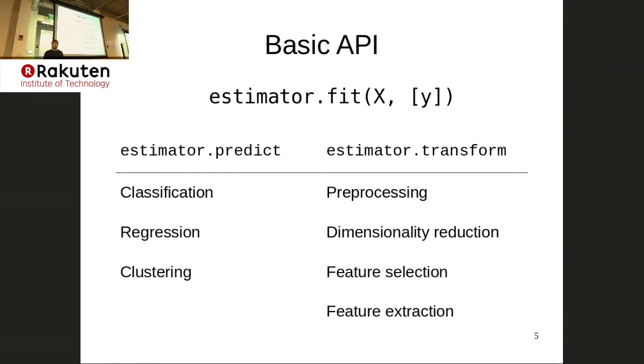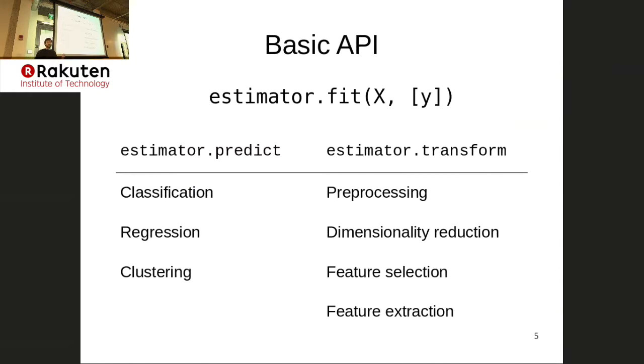Because most of you already used Scikit-learn, only a very brief outline of the API. All of the algorithms and basically all the functionality is implemented in Python classes that we call estimators. All of these classes have a fit method. The fit method always takes the data X, and if it's a supervised algorithm, it also takes the desired output y. This is to build a classifier, for example.